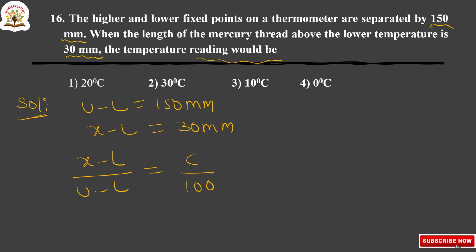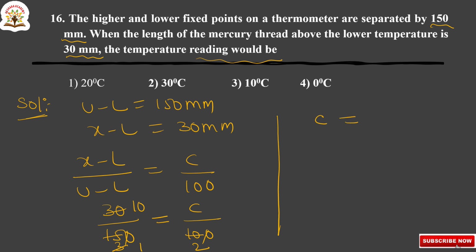Substituting values, X minus L is equals to 30 and U minus L is equals to 150, that is equals to C by 100. Here the zeros get cancelled, 5 threes are 15, 5 twos are 10, and again 3 ones are 3, 3 tens are 30. So by cross multiplication, C into 1, C is equals to 10 twos are 20 degrees centigrade. Therefore the final answer is C is equals to 20 degrees centigrade. The first option is the correct option.